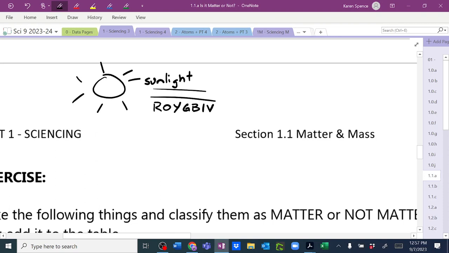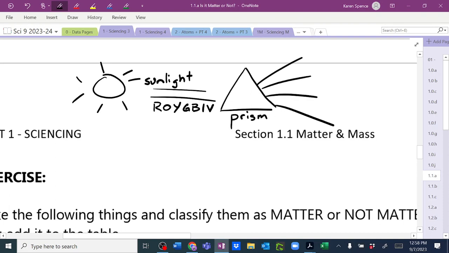Okay, so all the colors. And if you were to pass that light through, do you guys know what that's called? Piece of glass, triangle shaped. You use one? That's a prism. If you pass it through a prism, it actually gets split into all the different colors.